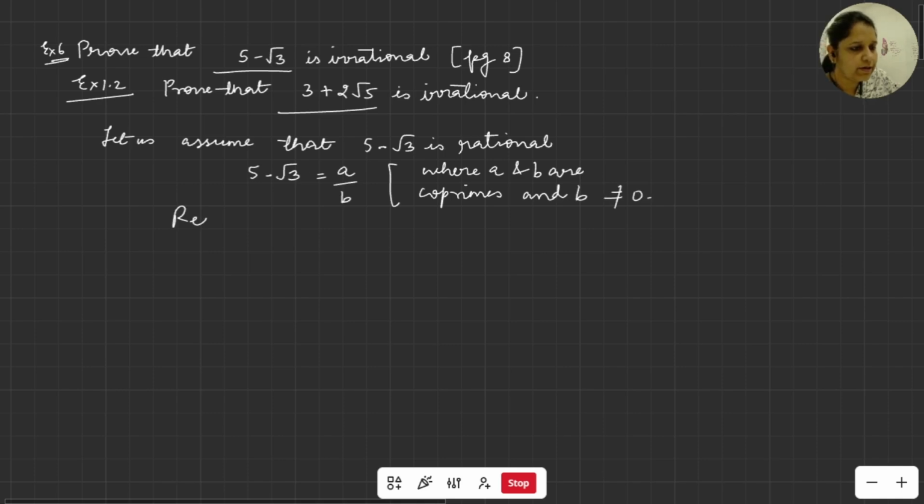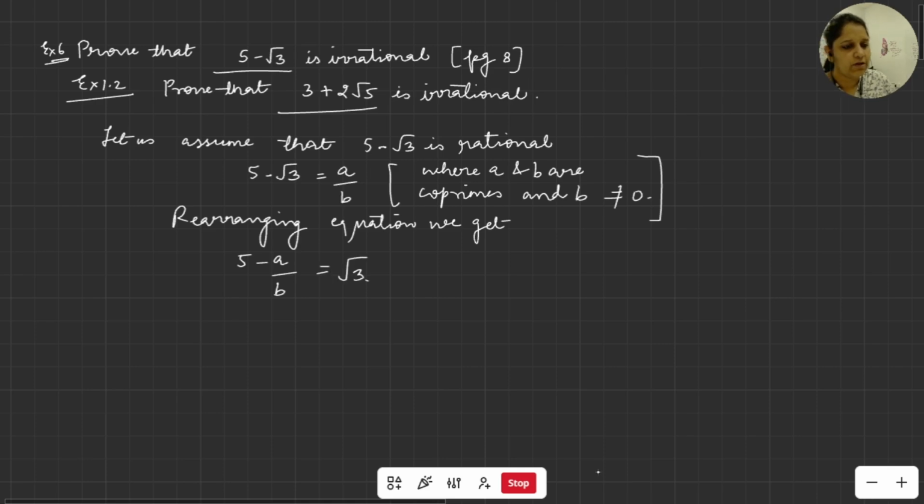Now what we get after rearranging this equation, इस equation को जब अपन rearrange करेंगे, we get 5 minus A by B is equal to root 3. Now since you know that A and B are positive integers, so my left hand side would be a rational number.